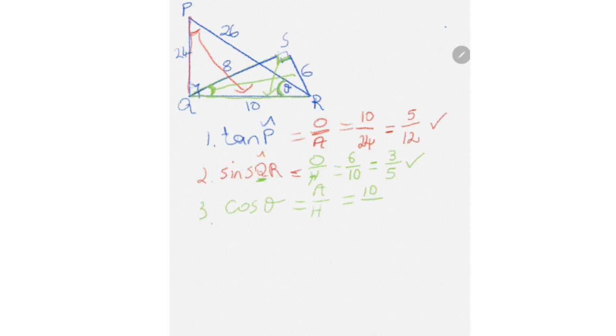In that triangle, the 90-degree angle is here, so the hypotenuse will be the side opposite the 90-degree angle, which is 26. Let's simplify this. 2 goes 5 times into 10, and 2 goes 13 times into 26. So cos theta is equal to 5 over 13.